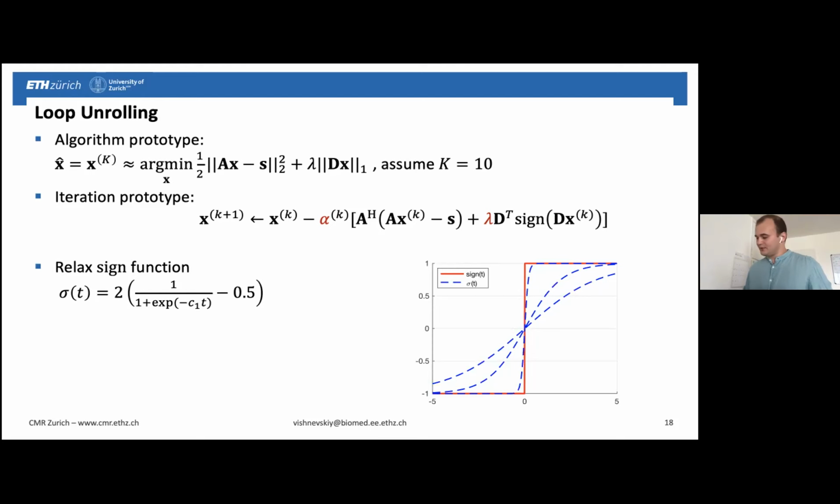But what we can do is relax this method. Instead of using the sine function, which is the derivative of the L1 norm, we can use a smooth step function. You can use sigmoid for that, or some other approximations.